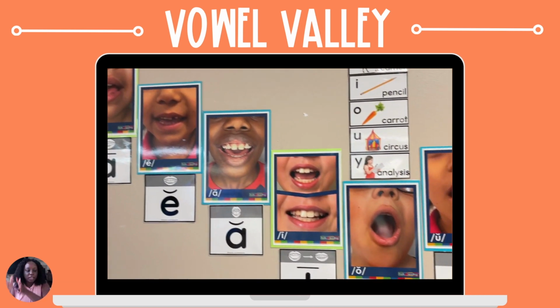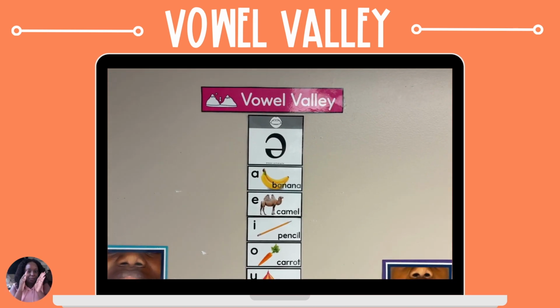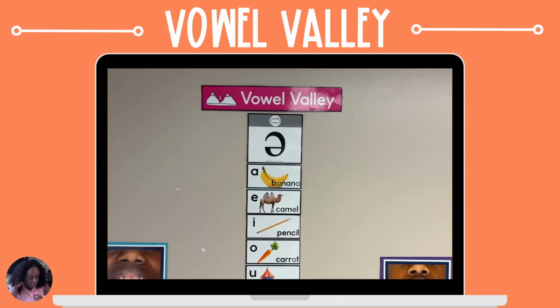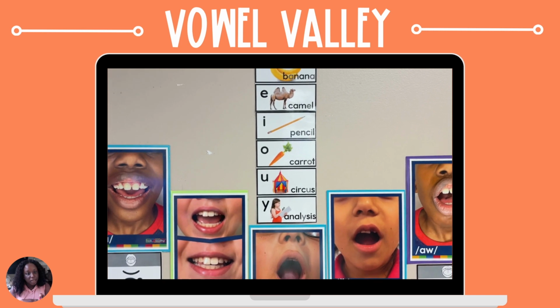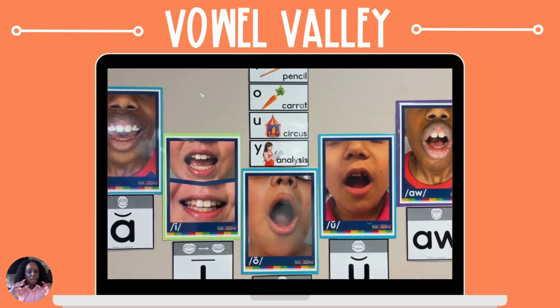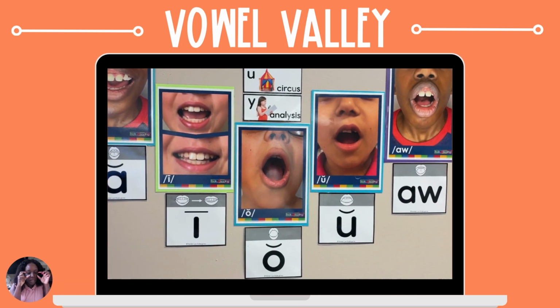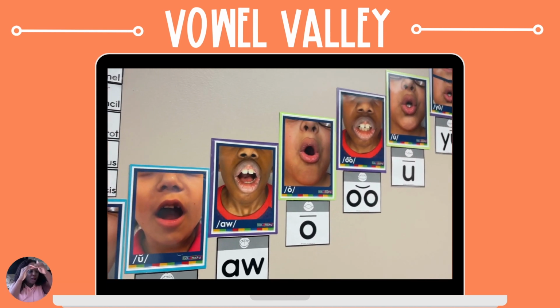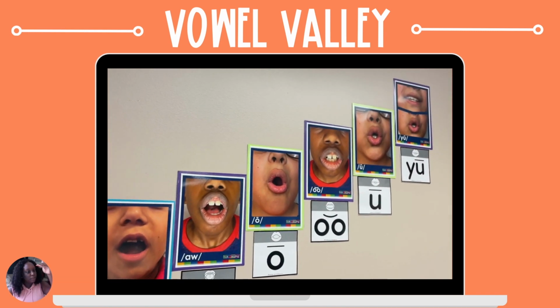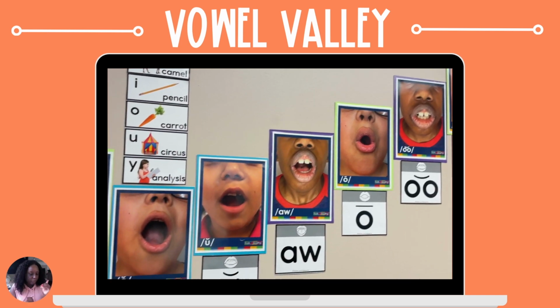All of that goes into a factor of how your vowels are placed on your vowel valley. Now, not pictured here in the video is a reference card, like a picture reference card, and then all of the spellings of that vowel under that reference card, okay?